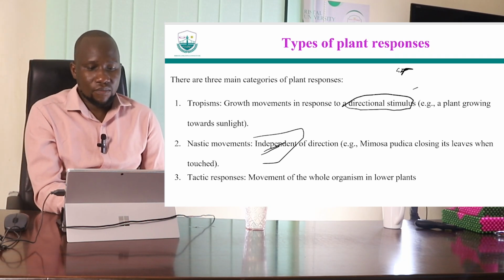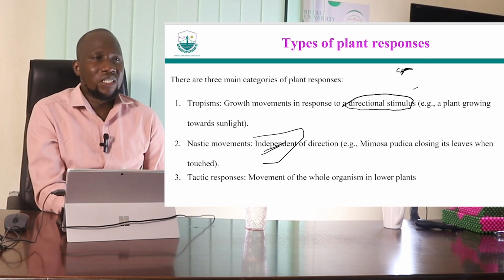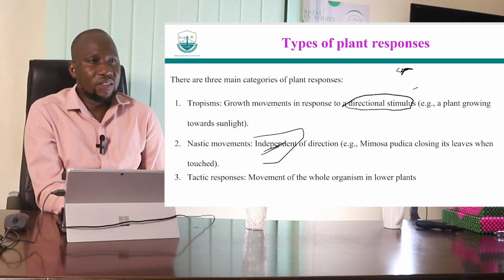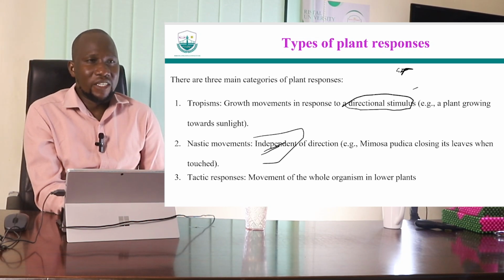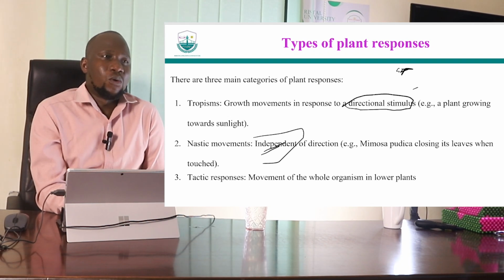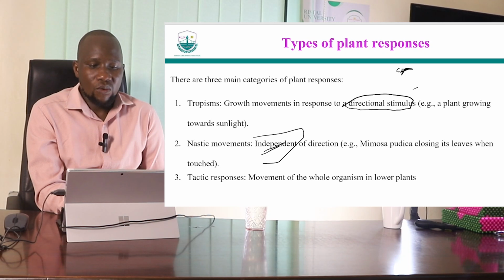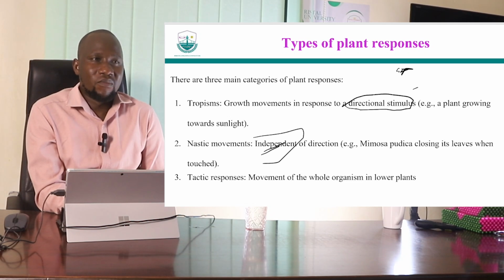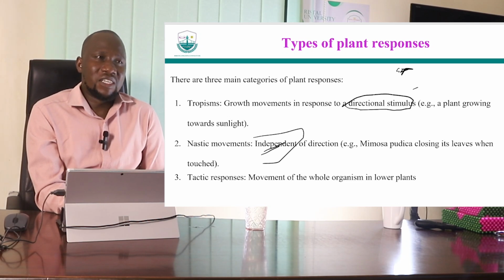And then the last type of response is what you call the tactic responses. These ones can happen in plants and also in animals. Okay, what happens is that the whole organism moves in response to the stimuli. So that response can be positive or negative.